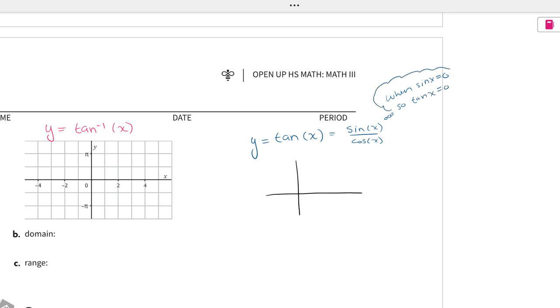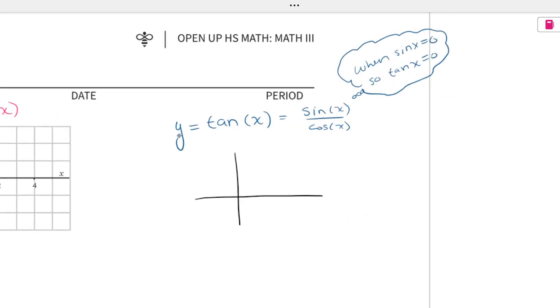Sine of x is 0 at 0, then we go up, and we're back at 0 at pi, and 2 pi. Every half of a circle, sine is 0. So negative pi as well.